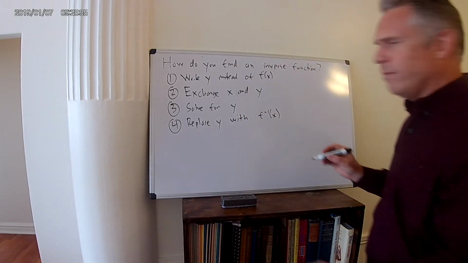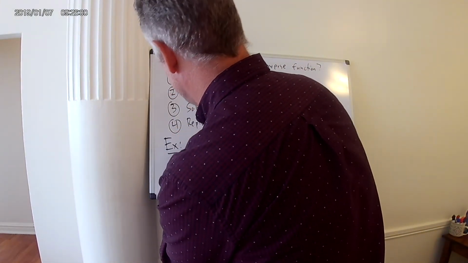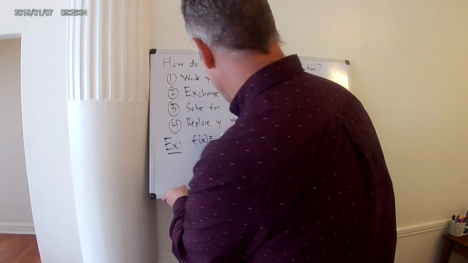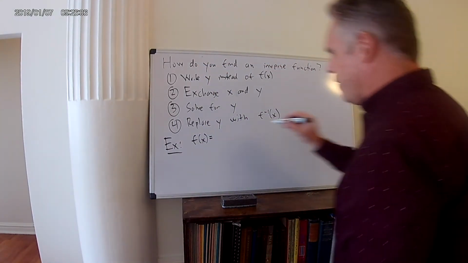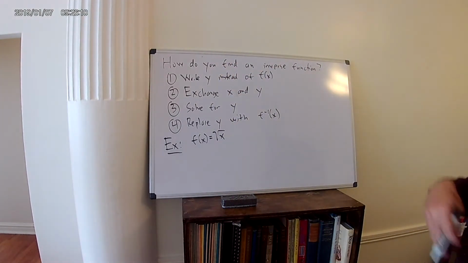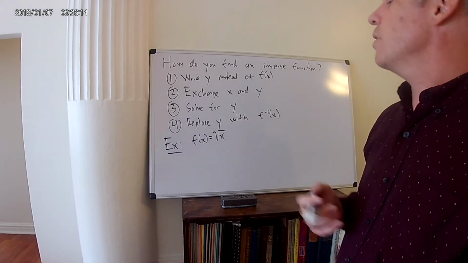Let's do an example of this. This is how we find an inverse function for a given function. Let's say I gave you guys the function f of x equals square root of x. This is my function. What does it do? It takes an input and takes a square root. How do I find the inverse of this function?